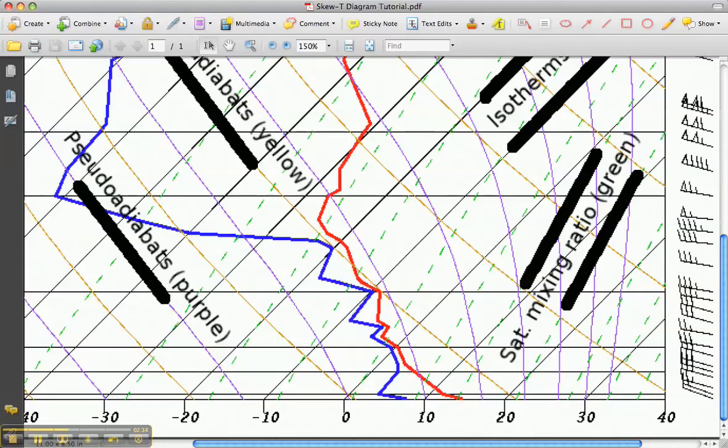Now, the moist adiabats are these curved purple lines. See, I've got these curved purple lines in several different areas. You can see that there. And they become more steeply curved as we go further to the right.